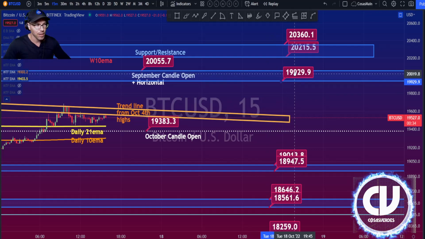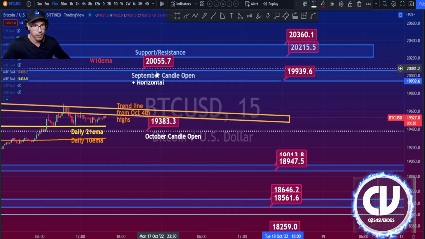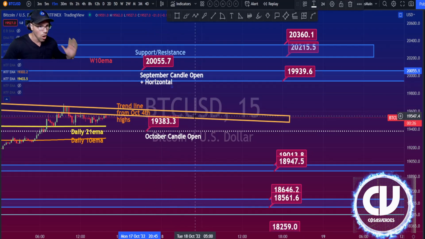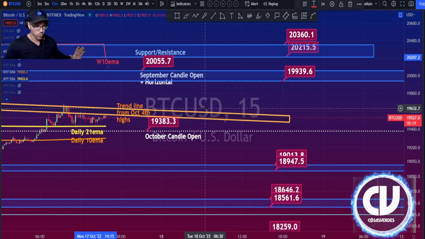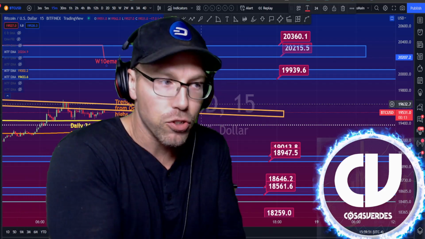It's a $100 range essentially, between 19,950 and 20,050. It's a $100 box, but the September candle is there. If you put all of this on your chart, and the weekly 10, there you go, right there. Everything is labeled. These are the only things in the meantime that are going to make price do something.